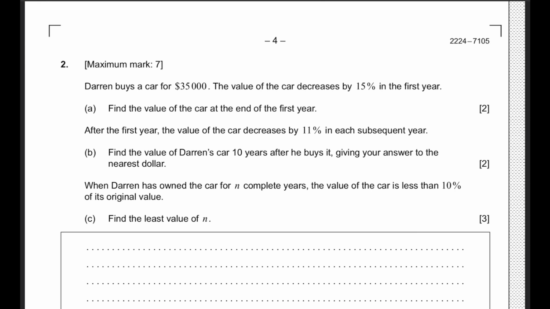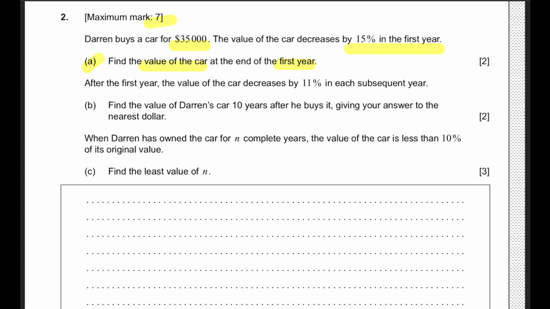Okay, so let's try question number 2. This question has a maximum mark of 7 points. Darren buys a car for $35,000 and the value of the car decreases by 15% in the first year. For question A, since we're trying to find the value of the car at the end of the first year, we just have to subtract 15% of its original amount from the original amount.